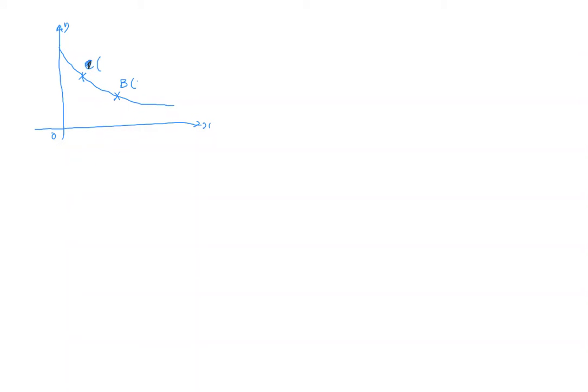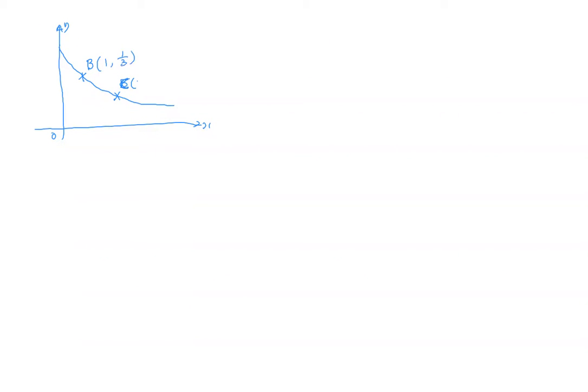I name this point B and I name this point C. So B is the point where, just now, I put 1 and 1/3.